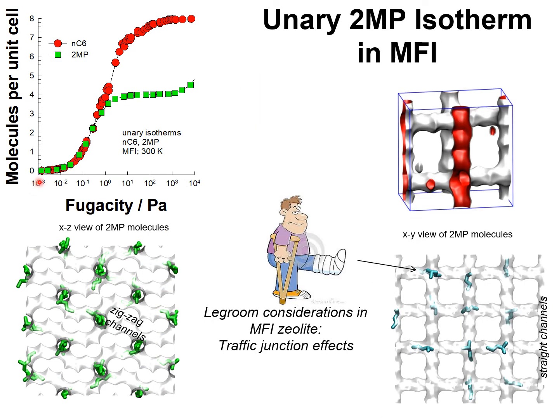Monte Carlo simulations of the unary isotherm for 2-methylpentane in MFI zeolite are shown here. In contrast to normal hexane, a maximum of only 4 molecules per unit cell can be accommodated within the MFI framework at saturation conditions.